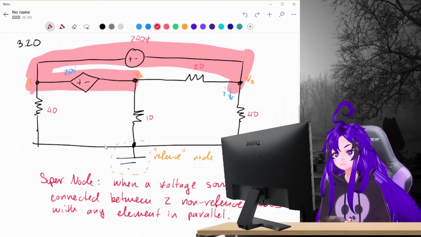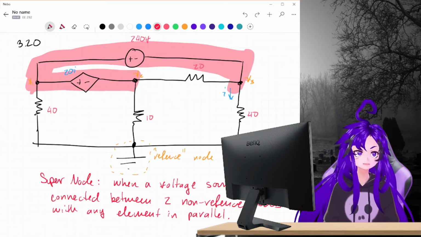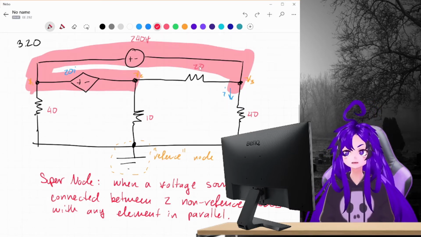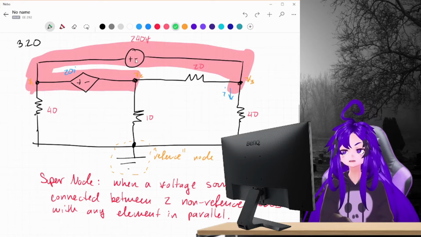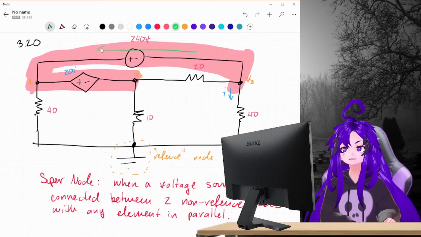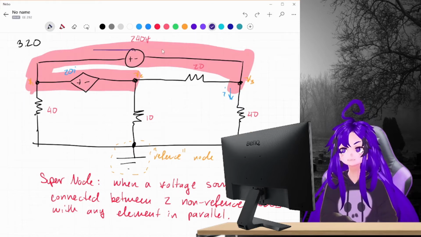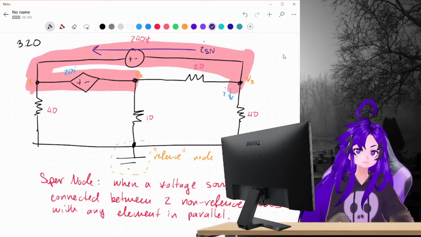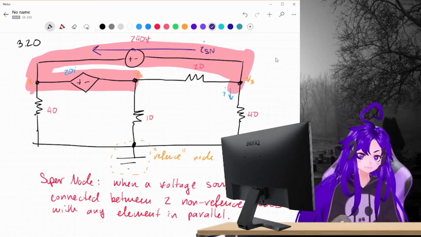So we have to treat supernodes differently than every other circuit, because there's absolutely no way to know the current. Wow, that is hard to see, huh? Let's use this color. There is no way to know what a supernode current is, because it's across a voltage source.